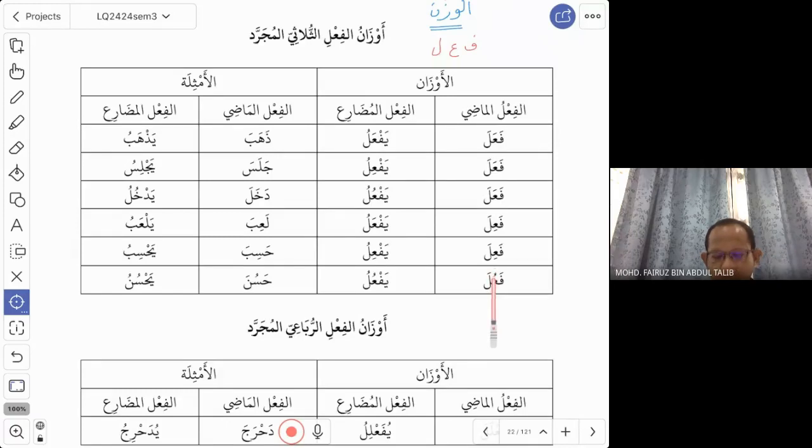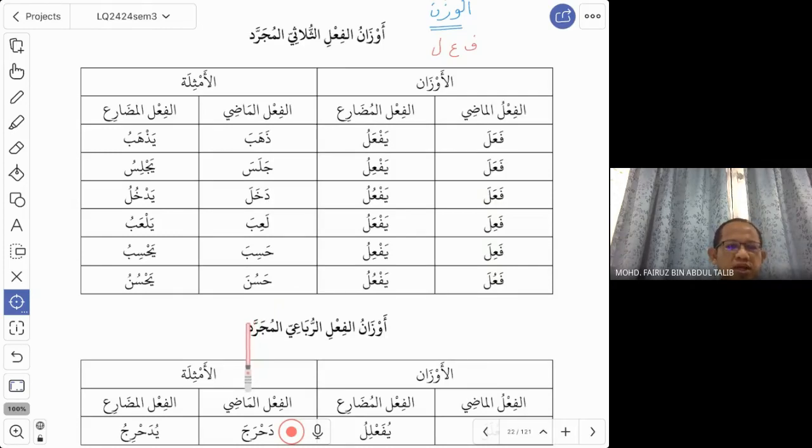The ain is with a dhamma, fa'ula. And it is very rare that you see a fi'il with this fa'ula pattern. Most of the fi'il that you see are either fa'ala or fa'ila. But fa'ula, we have a few of them. For example, hasuna means to be good.